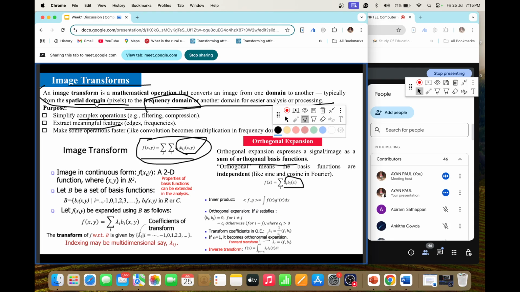The others are formulas, no need to get into depth, but this is what you should understand, what an image transform is. Why are we doing it? To simplify the operations, because if we keep it in the spatial domain, our operations are a little more complicated, but whenever we transform it to the frequency domain, our calculations are much easier. So that is image transform.